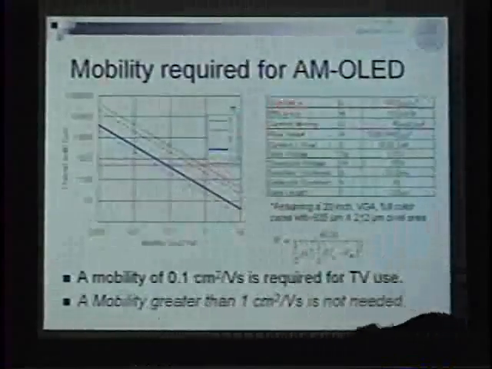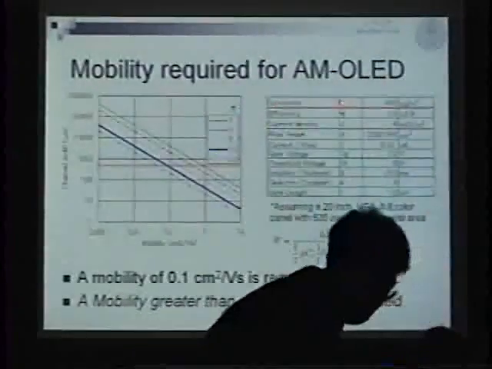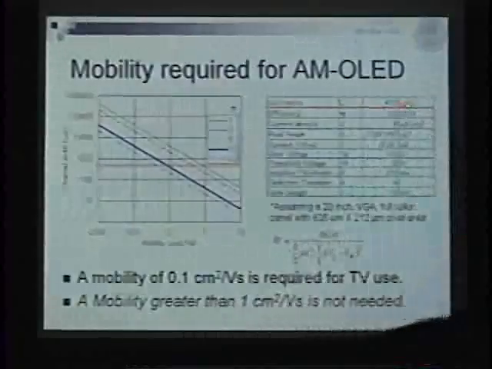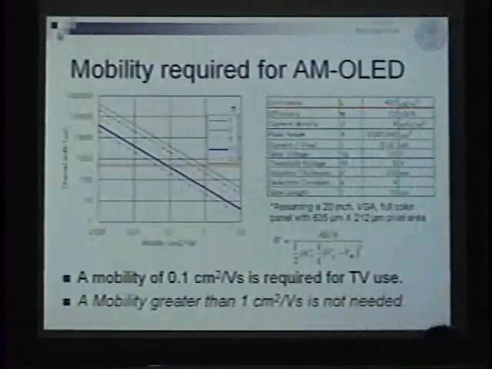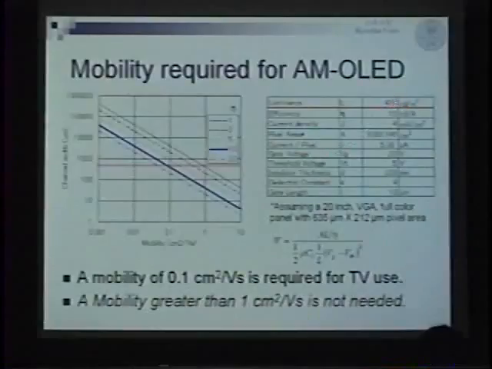A luminance of 400 candela per square meter is needed for TV use. This value is much higher than that for mobile use. And for the current luminance efficiency, we assume 10 candela per ampere. This is not so high a value.